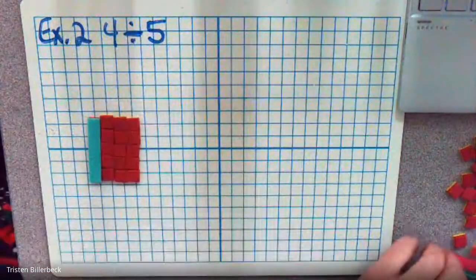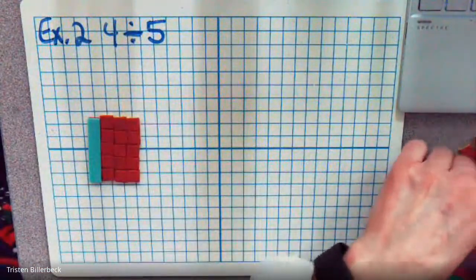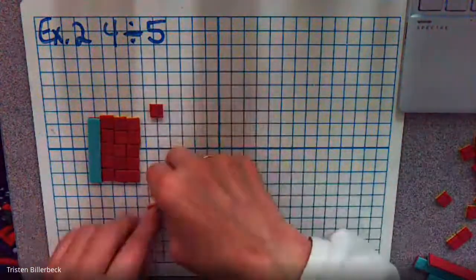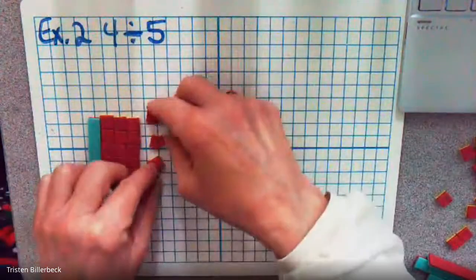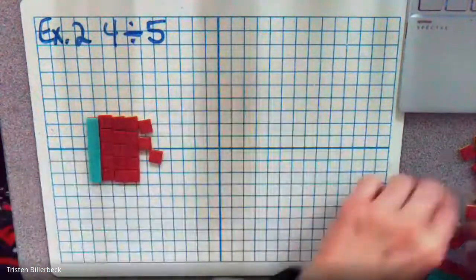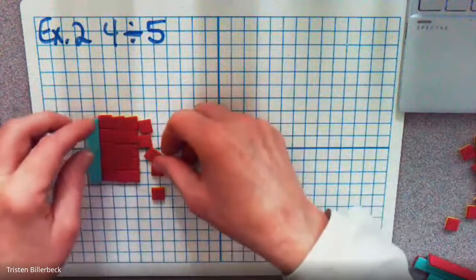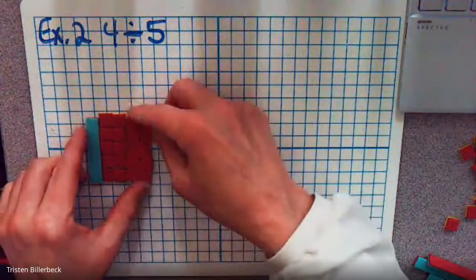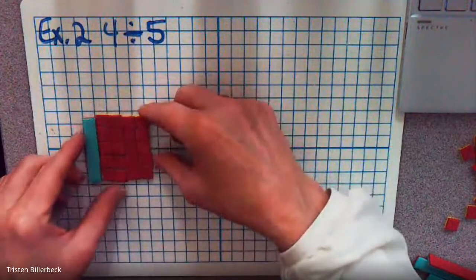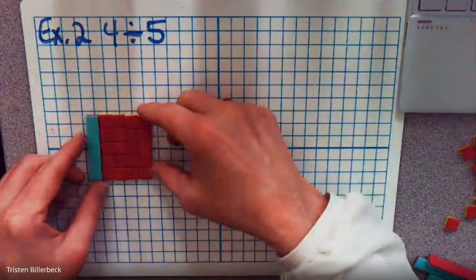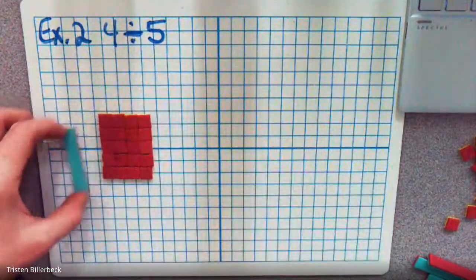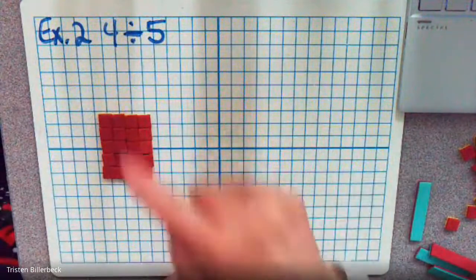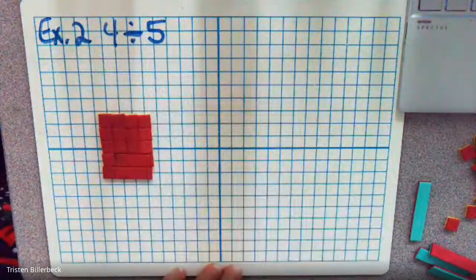I need 1 more set of 5 to do this. Okay, so I've created 4 1s in red. So I have 4, and now I'm about to divide it by 5.